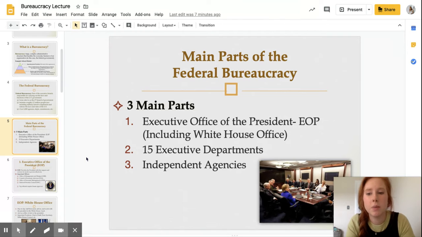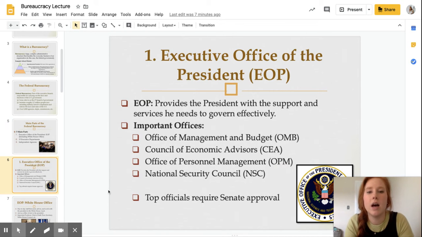So, the first part, the EOP, those are the people that are in direct support, direct line to the president daily almost. And so the really important ones, as you can see, are going to be the OMB, CEA, OPM, and NSC. So just looking at the titles, like the Office of Management and the Budget, Council of Economic Advisors.